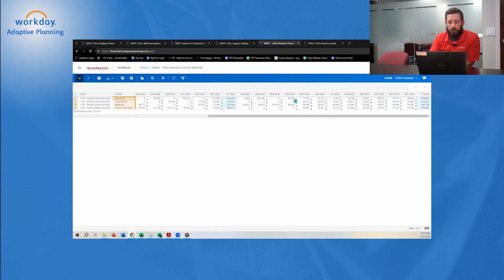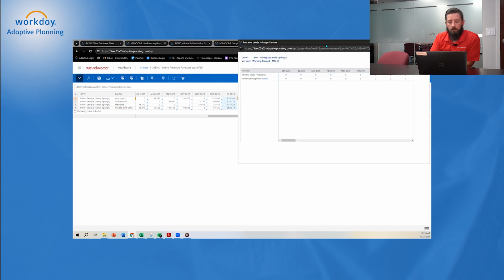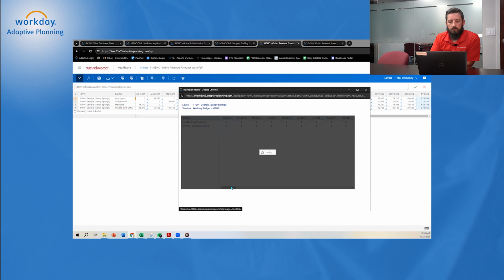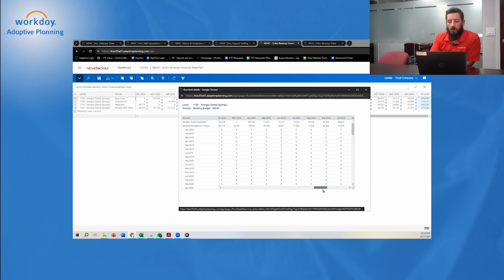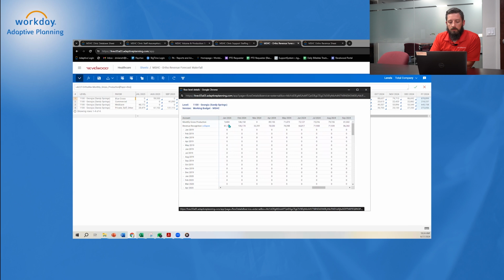So I'm going to go to 2024 just to show as an example here. We can see that for 2024, we have a gross production of $9,400. I'm going to expand this view, this waterfall, and I'm going to go back to January real quick. And I'm also going to scroll down to where that revenue recognition starts.